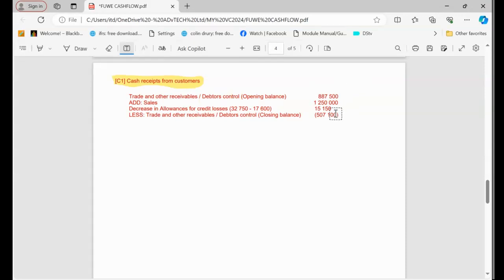So now when you solve this with a calculator, you take this plus this plus this minus this. How much? I find 1,645,550.